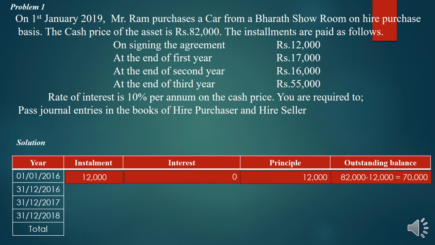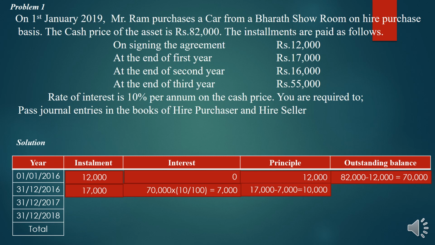At the end of the first year, the installment amount to be paid is 17,000. You can easily calculate the interest. How do you calculate the interest? On the outstanding balance. What is the outstanding balance on this date? 70,000. So 70,000 into 10% is equal to 7,000. After deducting interest from the installment amount, you get the principal amount of rupees 10,000.